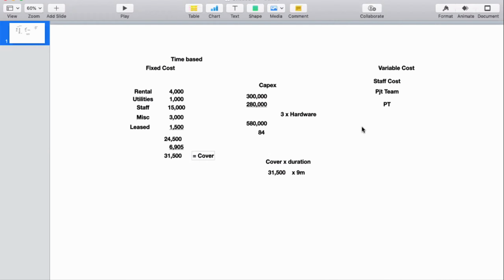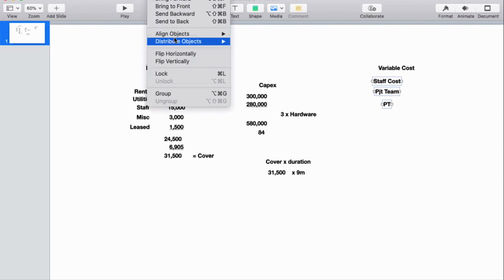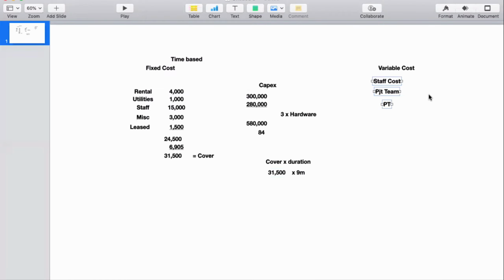So I charge them on a time basis, because everything else has been paid for. Now it just becomes time-based. This is a typical tech company's calculation. Hardware is taken care of as well.